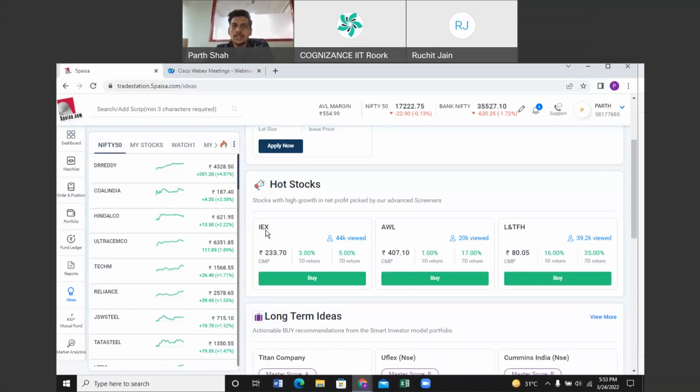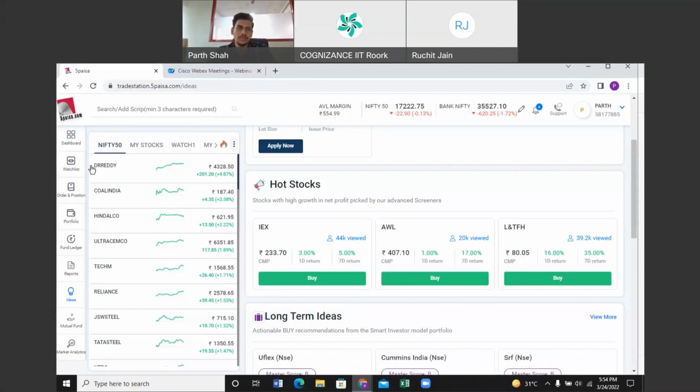That's where you can start analyzing this stock fundamentally or technically, just looking at the basics, or check what are the upcoming things with respect to Indian Energy Exchange, how they are planning expansion, their operating efficiency, their net margins or gross margins, how the company is basically performing.